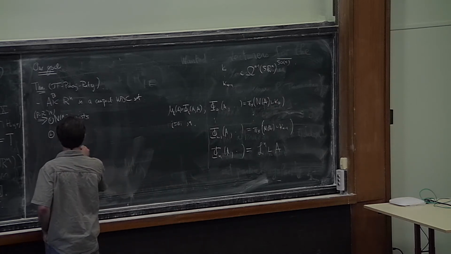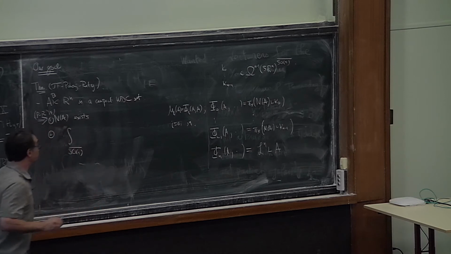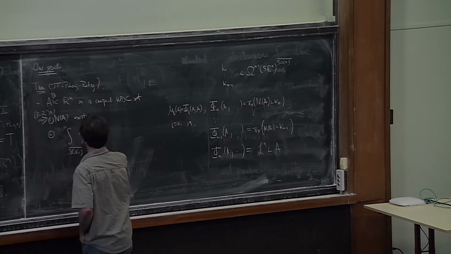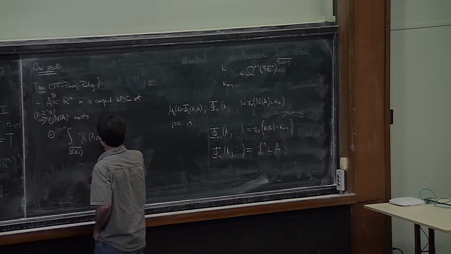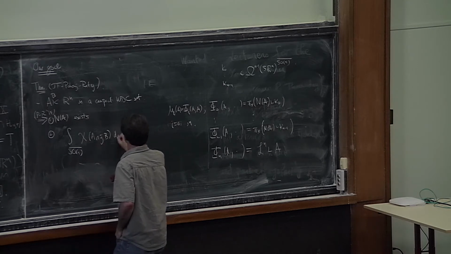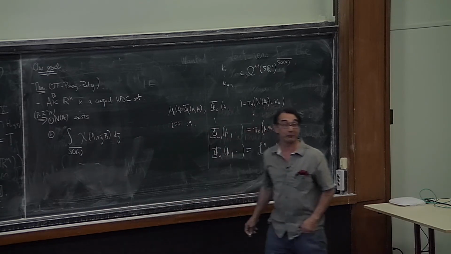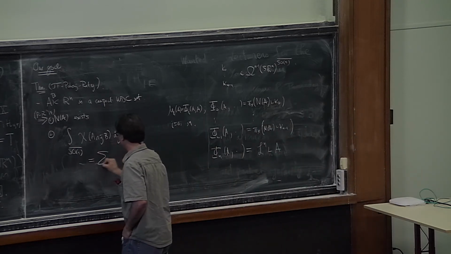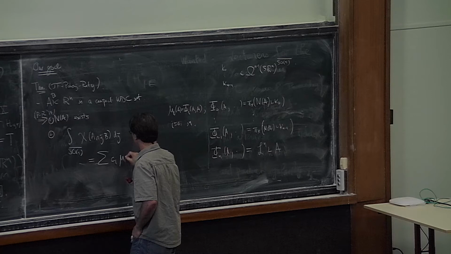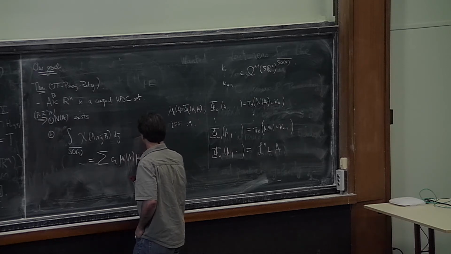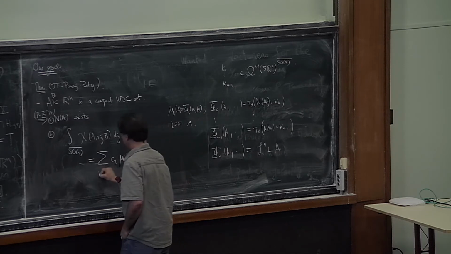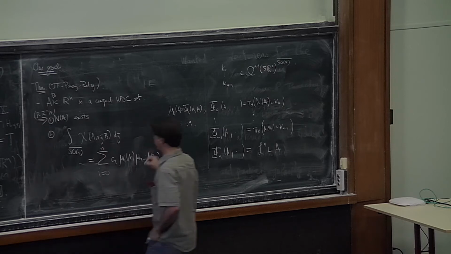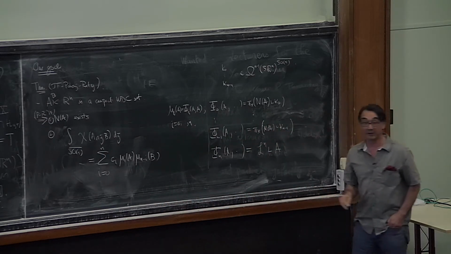If I integrate over the Euclidean group the Euler characteristic of the intersection of these two guys in every possible relative position, then this thing admits an expansion like so, for some constants C_i.